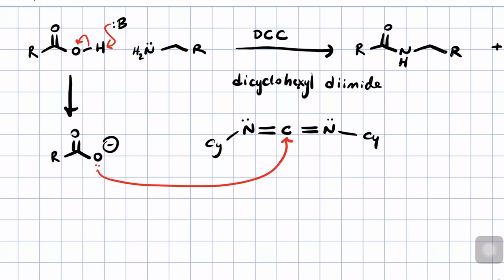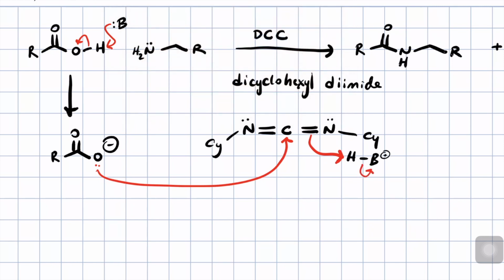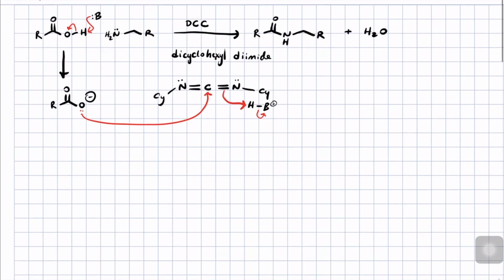And so probably instead of drawing arrows to the negatively charged nitrogen, as that step is happening, we pick up a proton from whatever the conjugate acid of our base was from the previous step.